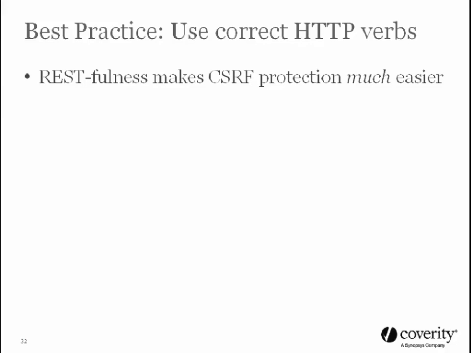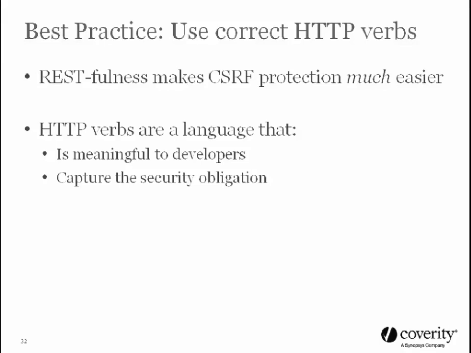The single best thing that we've seen to minimize your risk of CSRF vulnerabilities is to use the correct HTTP verbs. If your application is RESTful, or you subscribe to that philosophy, this is going to make your life much easier in terms of CSRF protection. The reason is that these HTTP verbs, GET, POST, PUT, DELETE, give a language that's meaningful to developers.